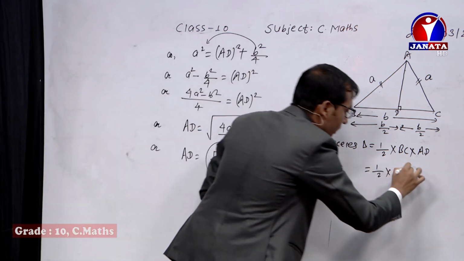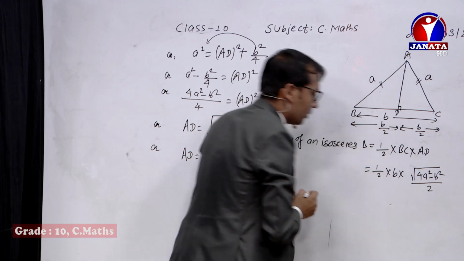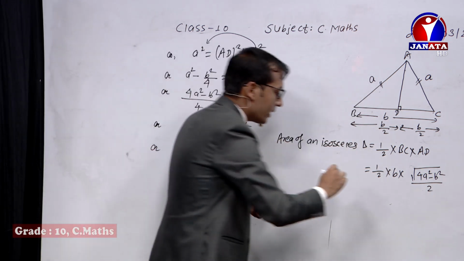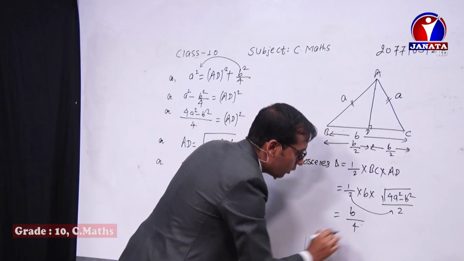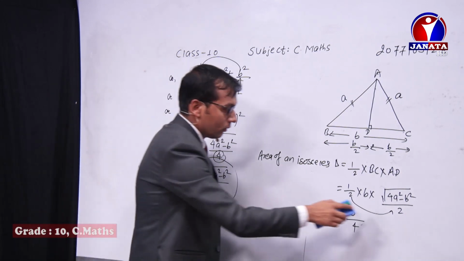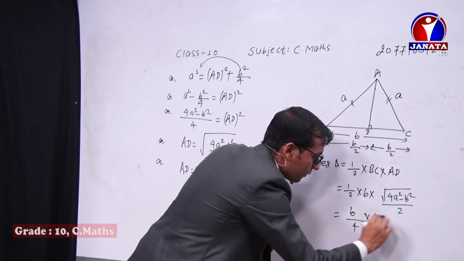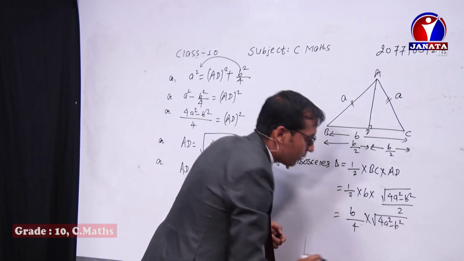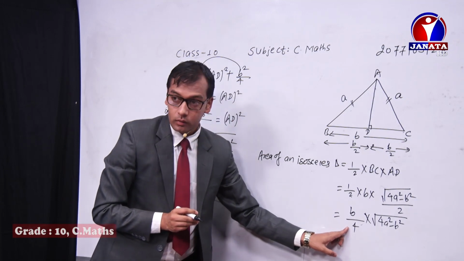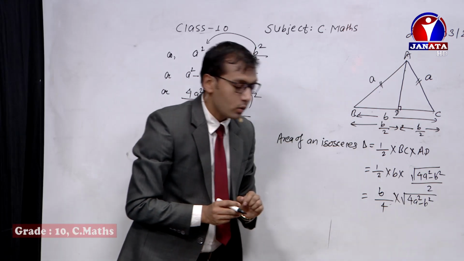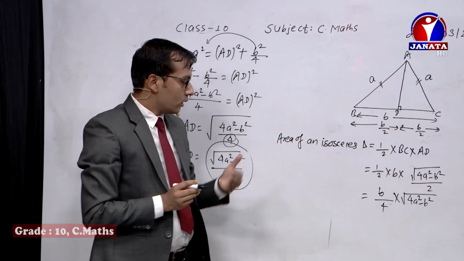AD is square root of 4a square minus b square over 2. Let's simplify this. It's b by 2 times 2 is 4, multiplied by square root of 4a square minus b square. So this is a special formula: B over 4 times square root of 4a square minus b square gives the area of an isosceles triangle.